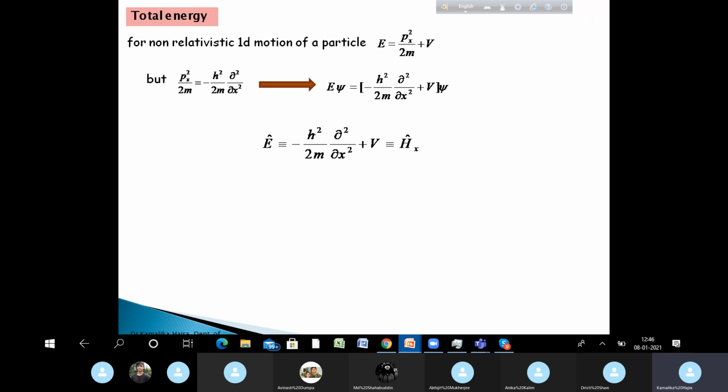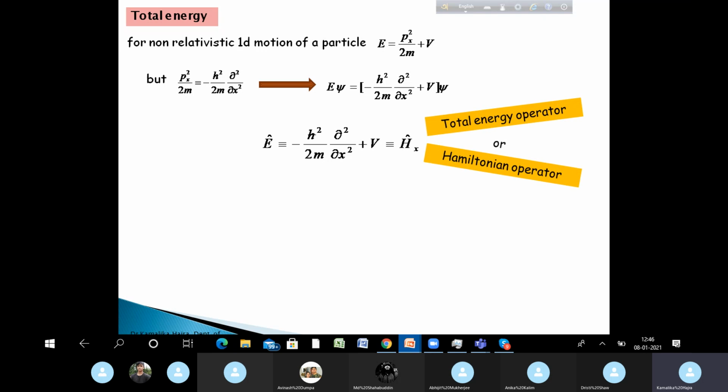So E is this operator which is often written as capital H, okay? Since we are working in one dimension in the x direction, in this particular case we are writing H suffix x. H is the total energy operator, or more popularly known as the Hamiltonian operator.